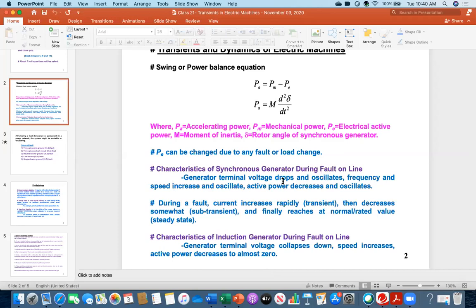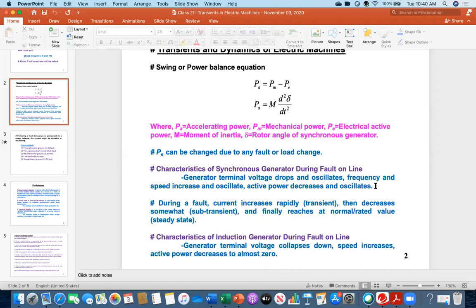So in the United States, the voltage standard is that it should be within plus minus 10%. If it goes beyond 10%, upside or downside, then that is the problem.